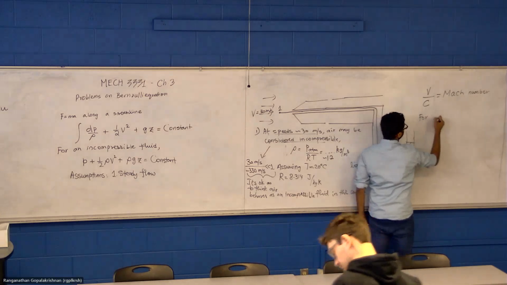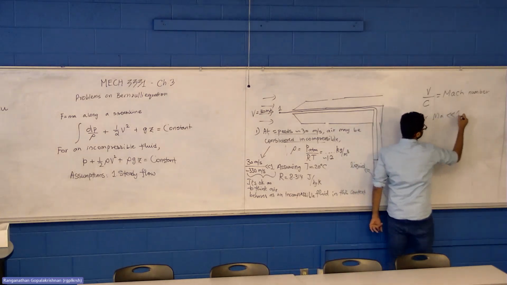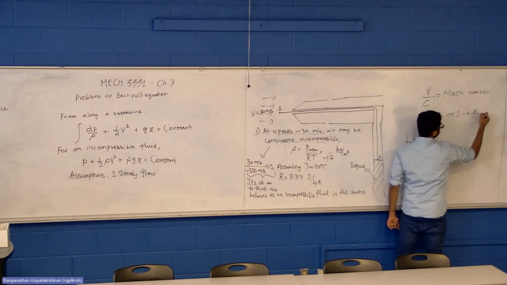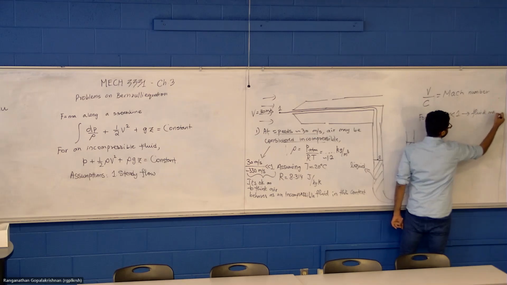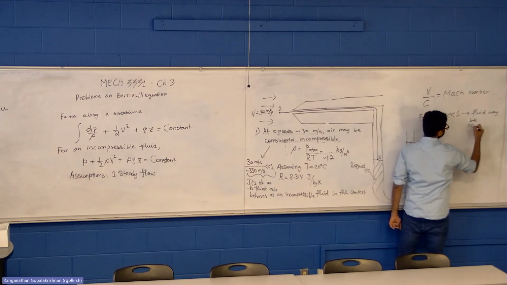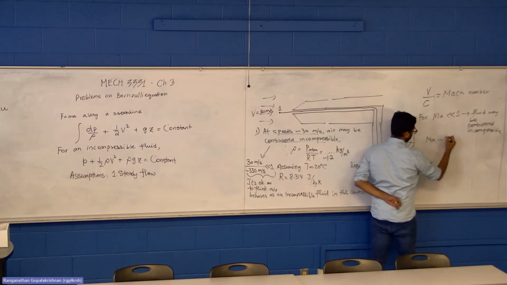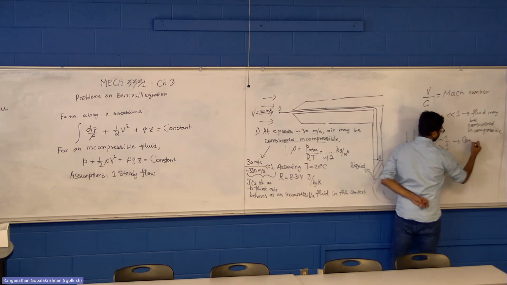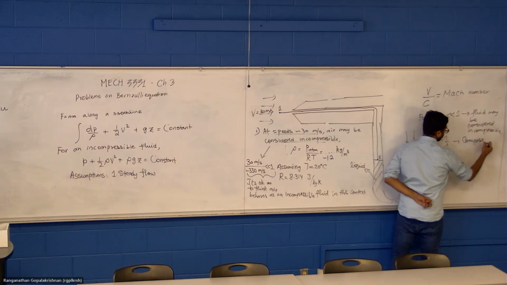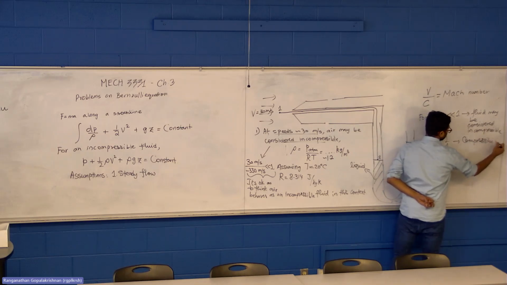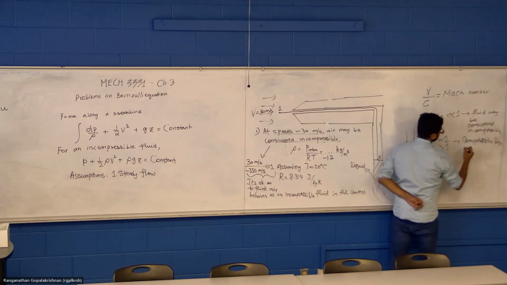For Mach number much less than 1, the fluid may be considered incompressible. For Mach number comparable to 1 or greater than 1, compressibility has to be considered. And how we consider that is a separate course, we won't go there today.